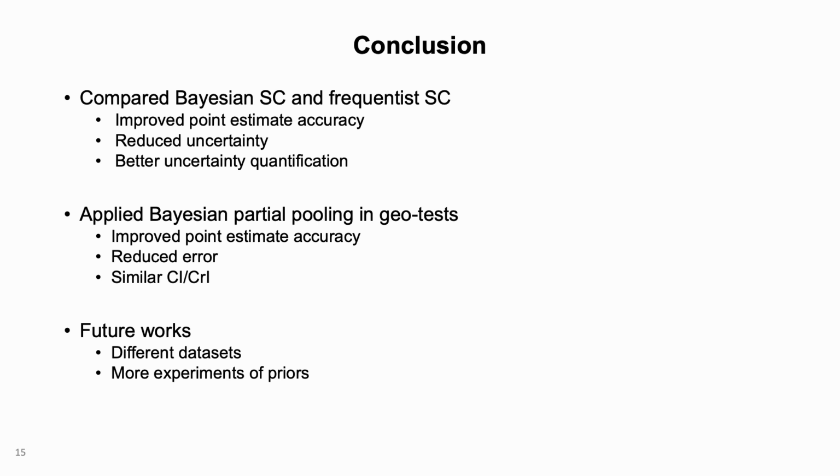And for future work, we can apply both methods to different data sets and also include more experiments on priors to see if the results from both Bayesian models can be further improved.